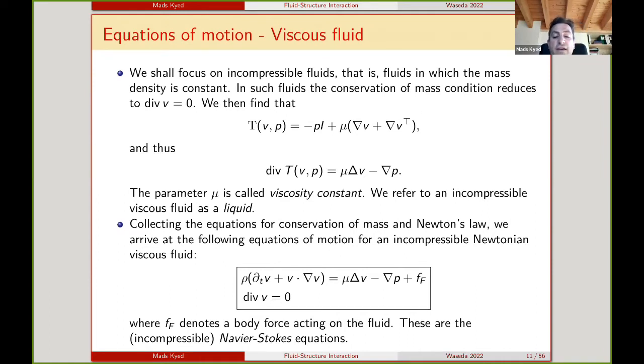So that's Newton's second law, that's conservation of linear momentum, essentially. And we also include the conservation of mass. From these two conservation laws, we obtain the equations of motion for a Newtonian viscous fluid. Okay, so these are the Navier-Stokes equations, the incompressible Navier-Stokes equations.